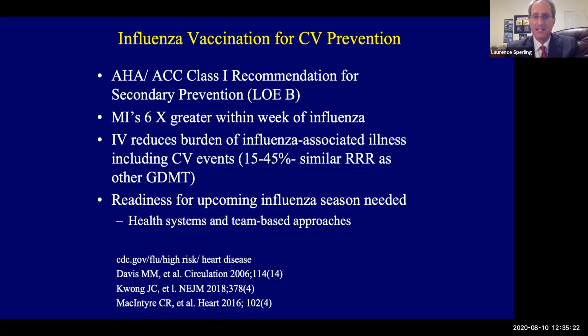It's an AHA/ACC Class 1 recommendation for secondary prevention. There's data that highlights that MIs are 6 times greater within a week of influenza. So just like with COVID, there's upregulation of many cytokines in the setting of a viral illness, increasing the probability of destabilizing a plaque and causing an acute vascular event.